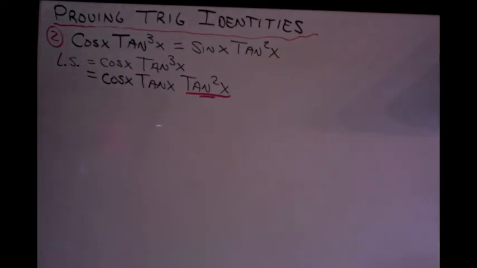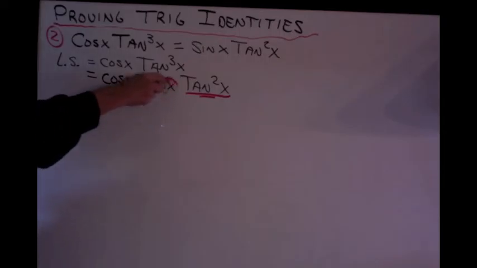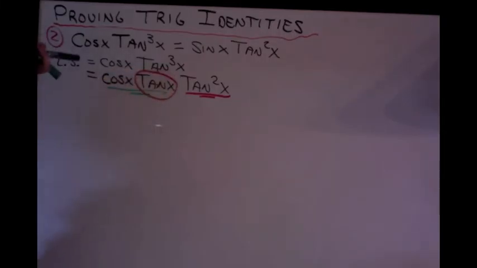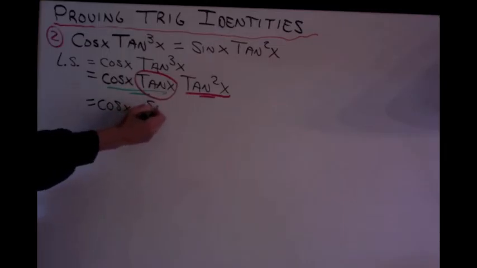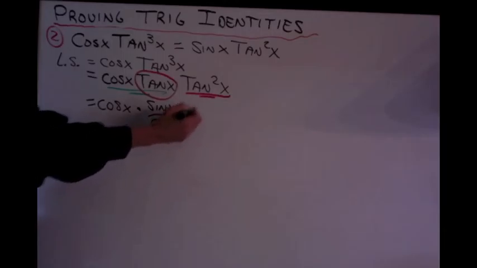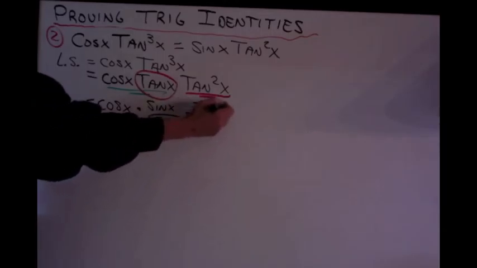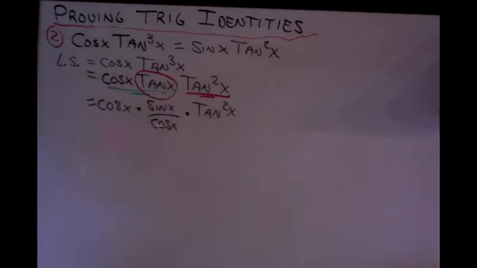It's now this stuff that I want to change. Okay, I don't want to get rid of this one. It's on the right side. So let's just play around with this. At this point, this is where I'll say, okay, now this isn't in terms of sine and cos. I want to change it. So leave this cos x. Tan x is the same thing as sine x over cos x. And then we still have this tan squared x. This is all multiplying and dividing.